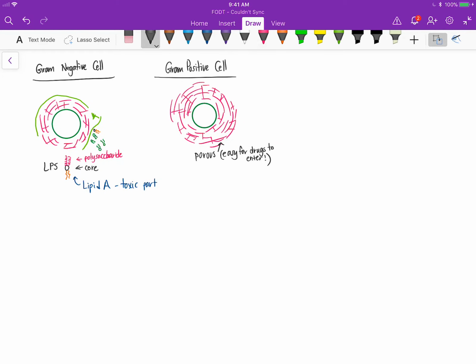So let's move on and let's start with our table. Endotoxin, exotoxin. Okay.